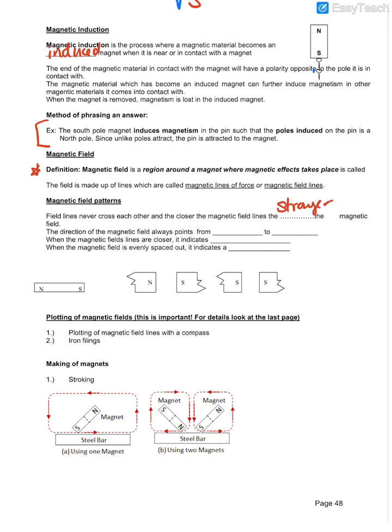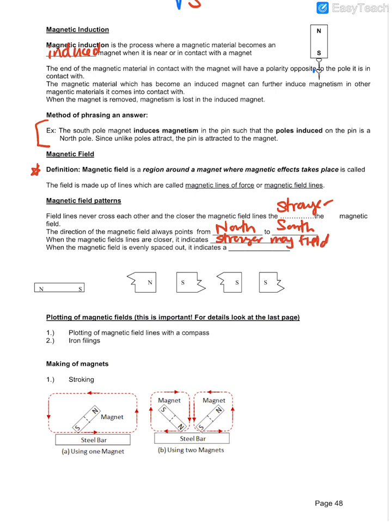Then obviously, or maybe you may not know but I think you can guess, the magnetic field lines always point from where to where? North to south, south to north. North to south. Okay, north to south. And when the magnetic field lines are closer, it indicates a stronger magnetic field.